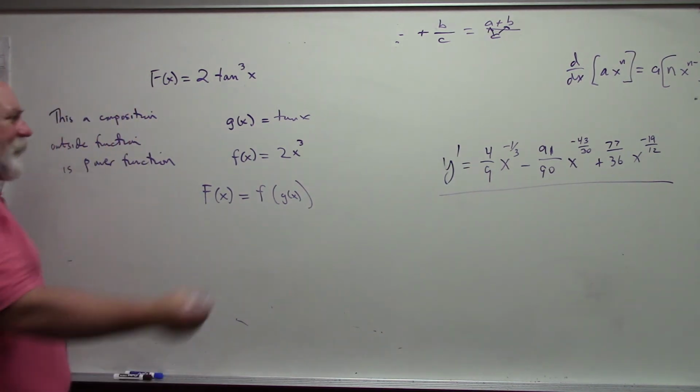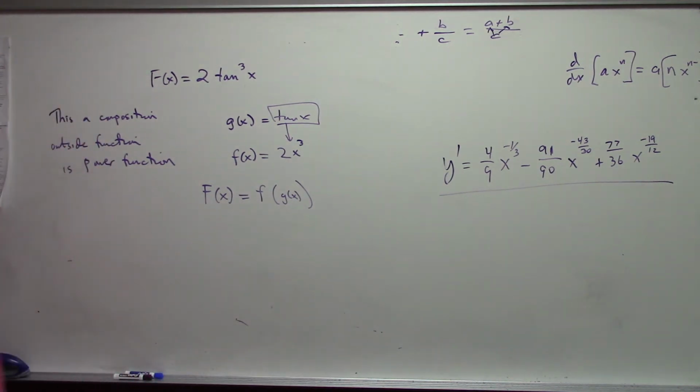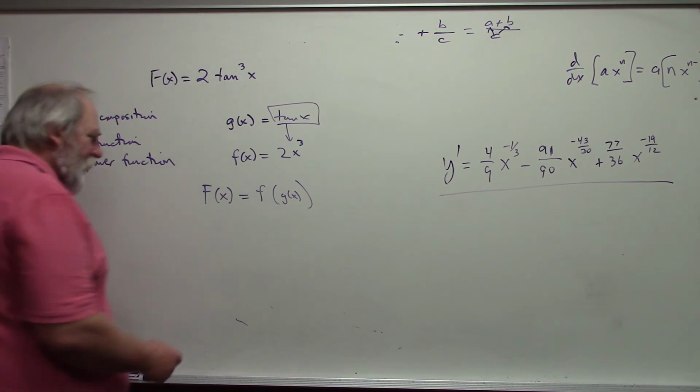If I take this being my inside function and input it in, then the composition gives me the original function back. Notice here that we have a basic power function on the outside.